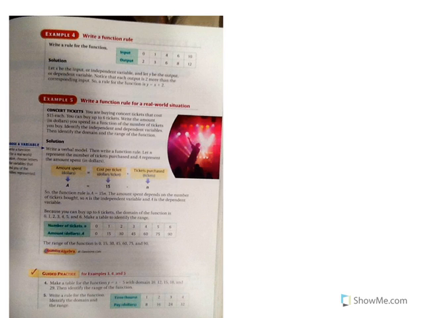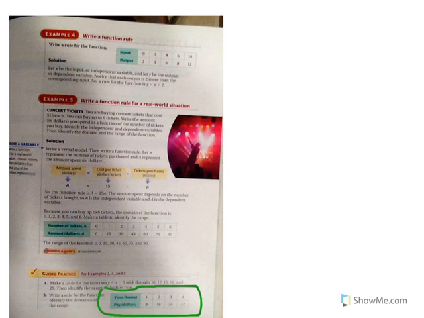So now we're going to try and write a rule for this function here. It says here the time versus pay. Apparently, how much you're being paid per hour. So you look and see if there's a pattern that you can figure out.